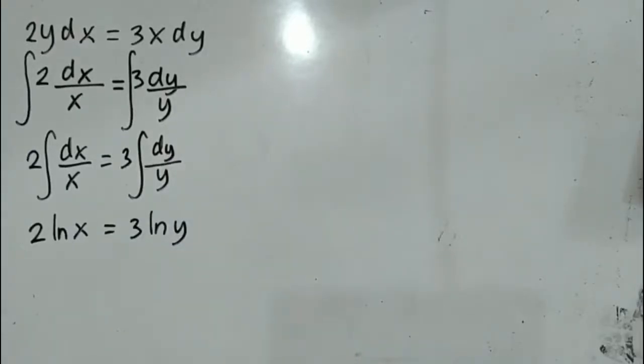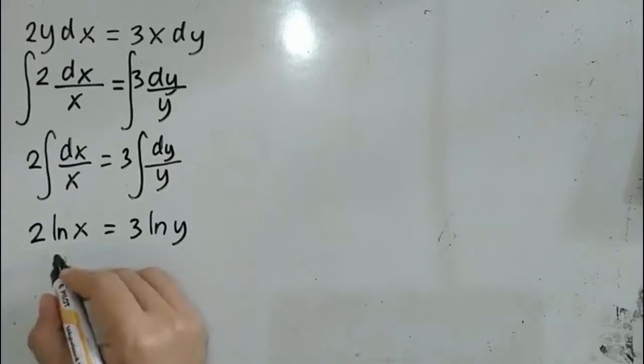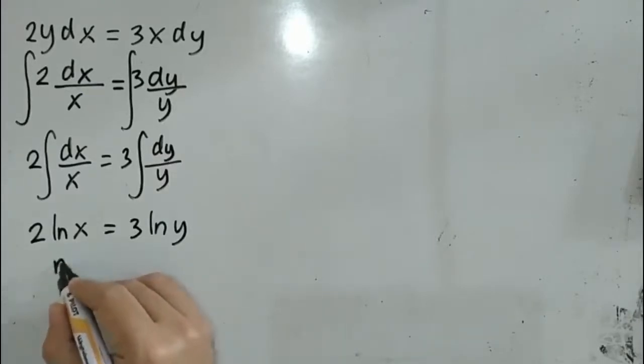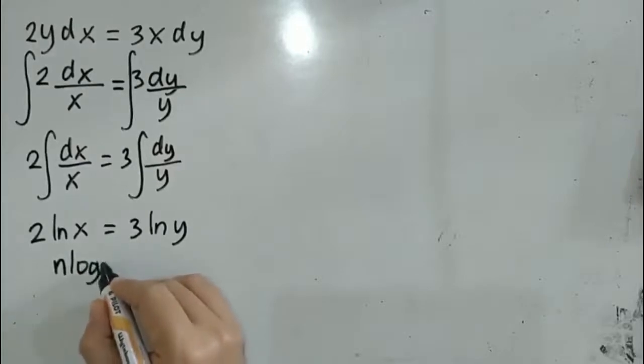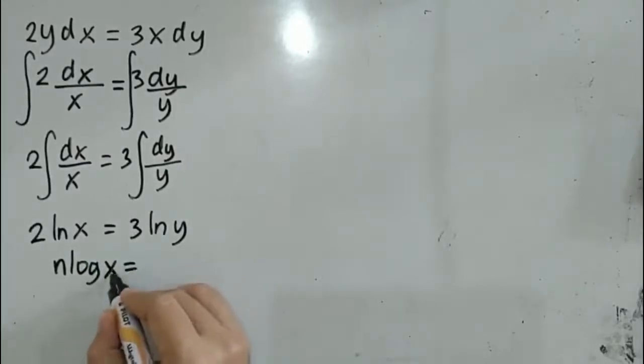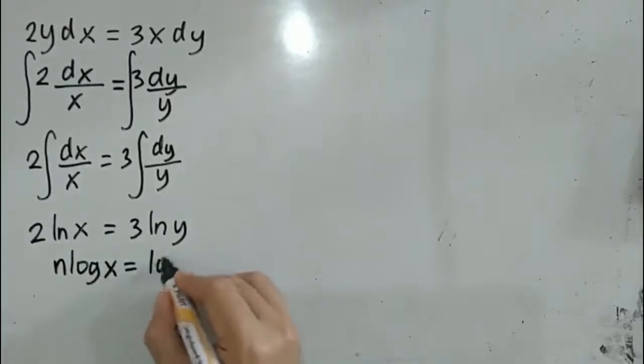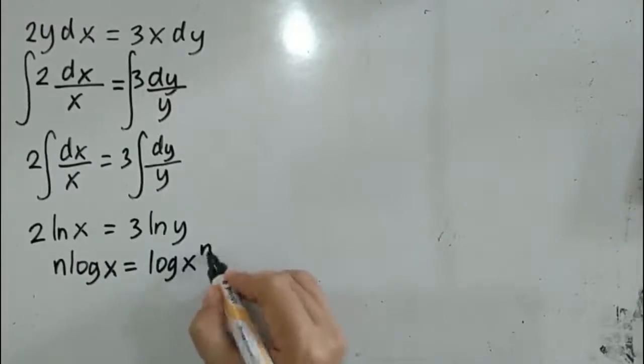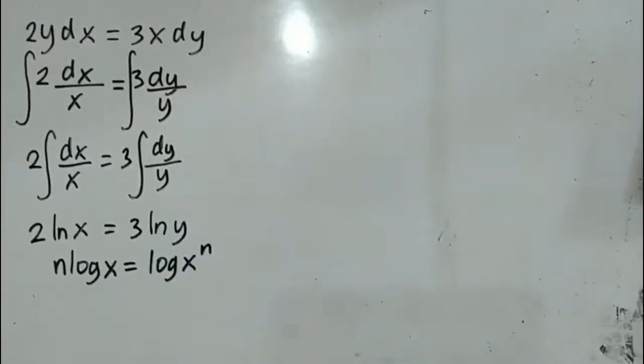There is another rule in logarithms, that if you have, for example, n log of x, this expression is equivalent to log of x to the power of n. So we can rewrite this as ln x squared equals ln y cubed.